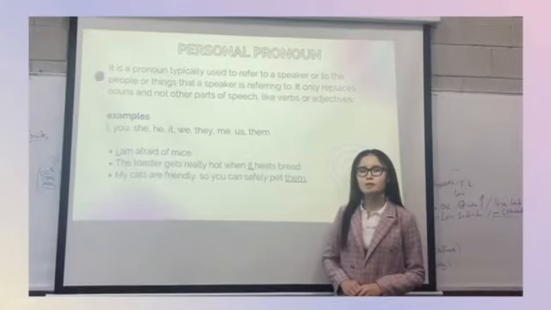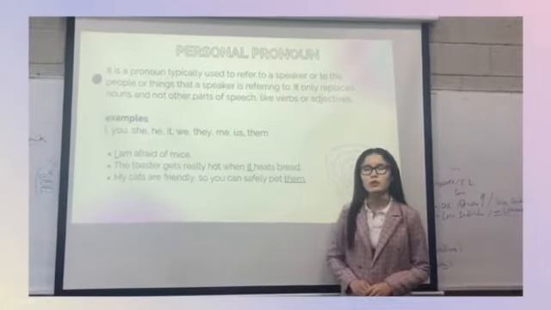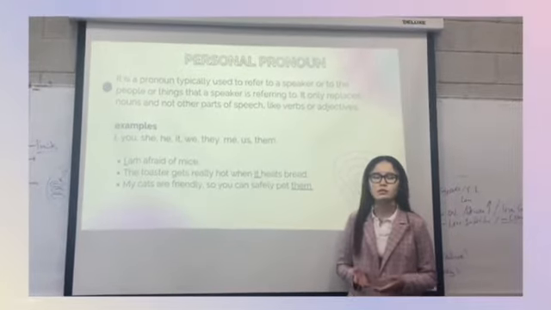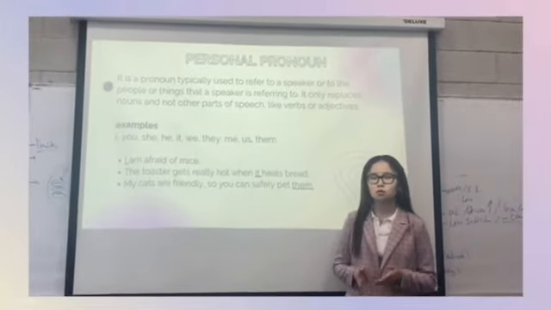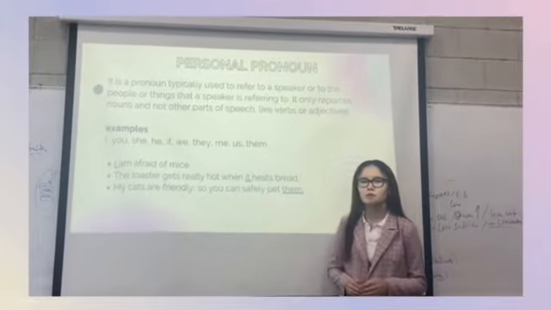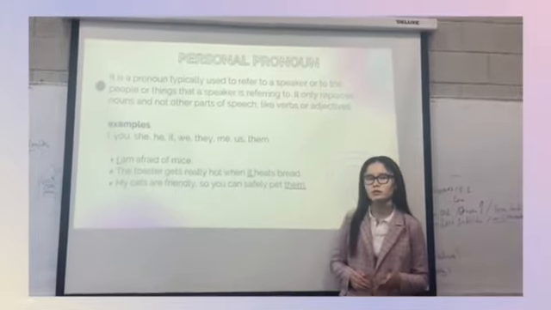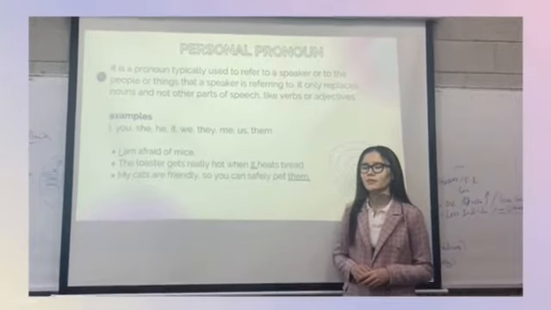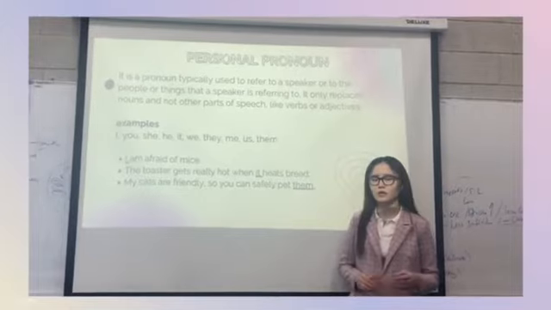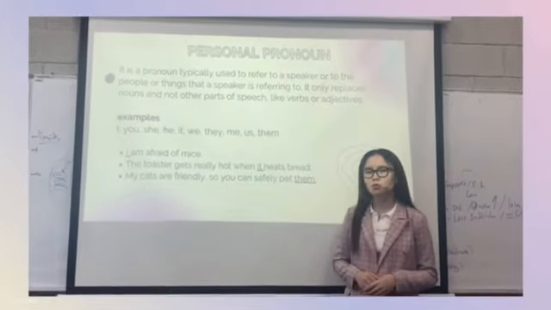Our next type of pronoun is the personal pronoun. Personal pronouns are used to replace people, places, and things in order to make sentences shorter and clearer. They are also typically used to refer to the speaker or the people or things being referred to. They only replace nouns, not other parts of speech like verbs or adjectives.